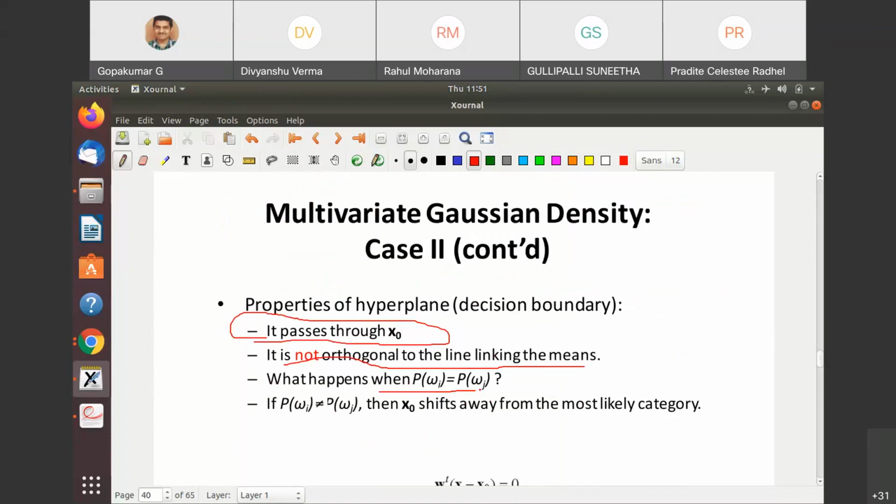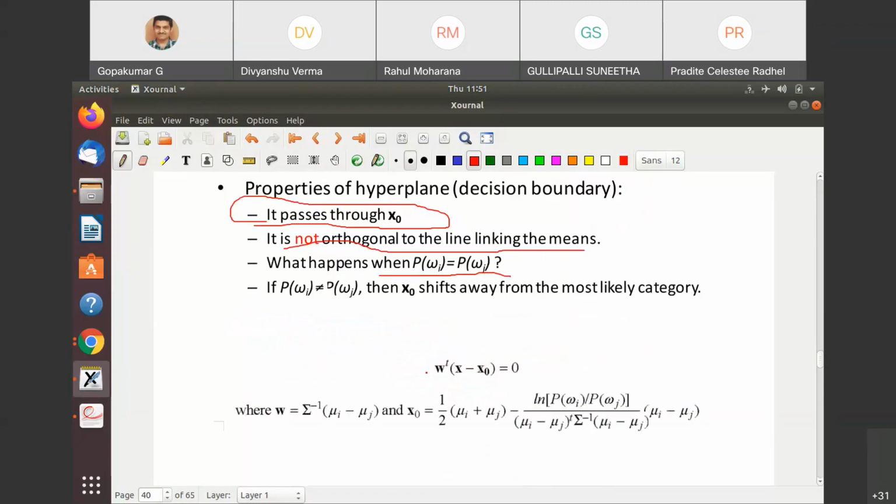Again, we have to look into what will happen when the prior probabilities are the same and when they are different, as we have just seen for case one.